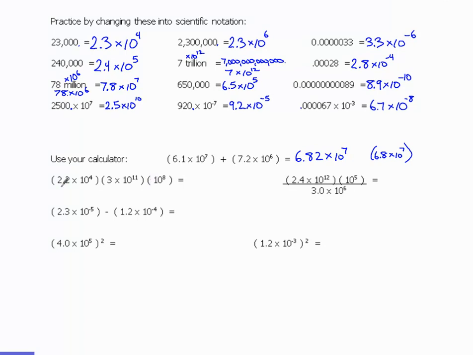So 2.2 times 3, and then we put our times 10. And since we are multiplying, we are adding the exponents together. 4 plus 11 is 15, plus 8 more gives us 23. And again, if we were doing significant figures rules, this would actually round to 7 times 10 to the 23rd.